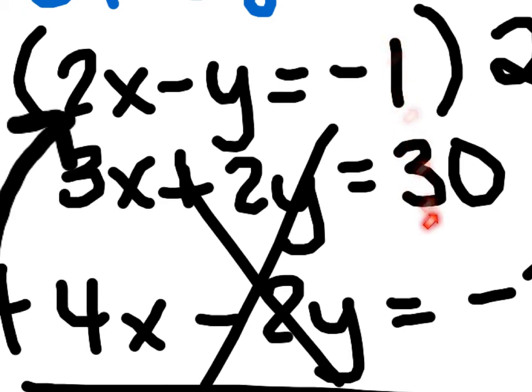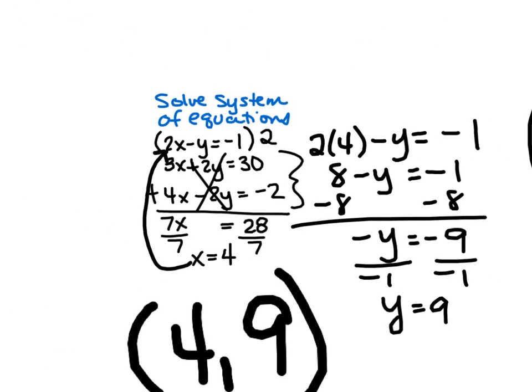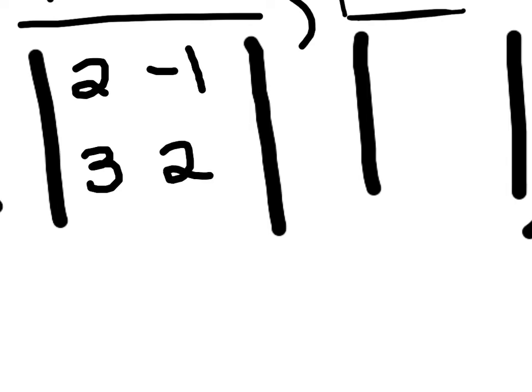So I'm going to ignore the -1 and the 30. I'm going to look at 2, -1, 3, and 2. And actually, it's the same for both denominators.